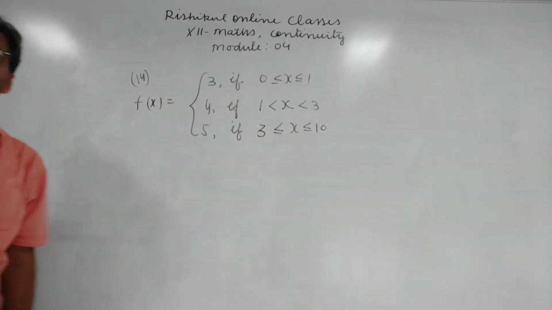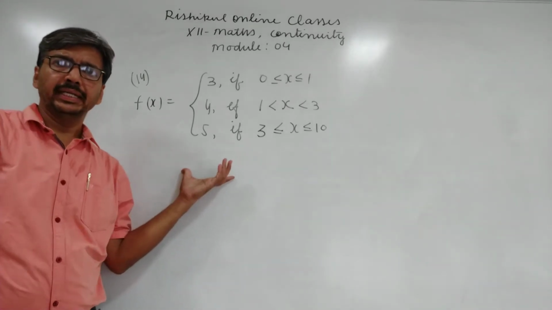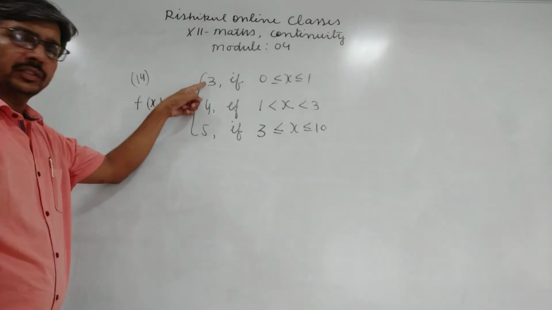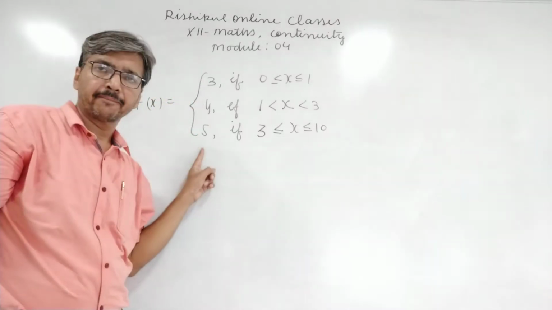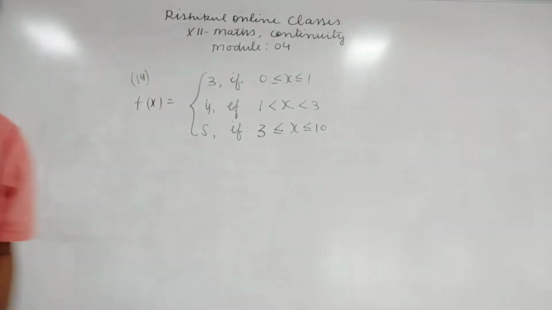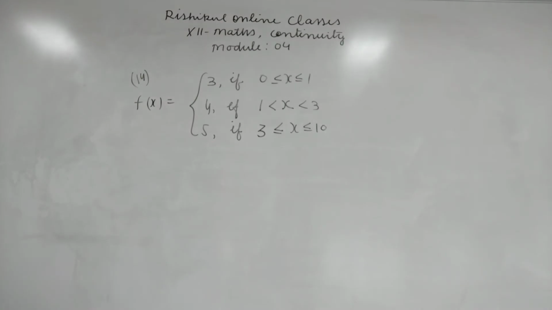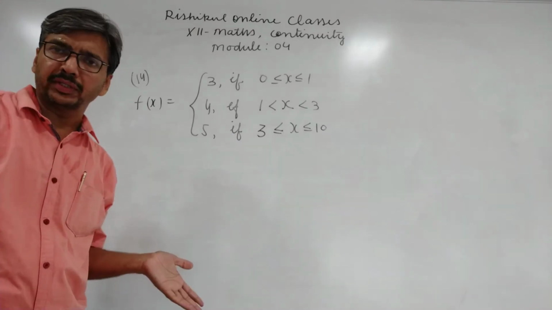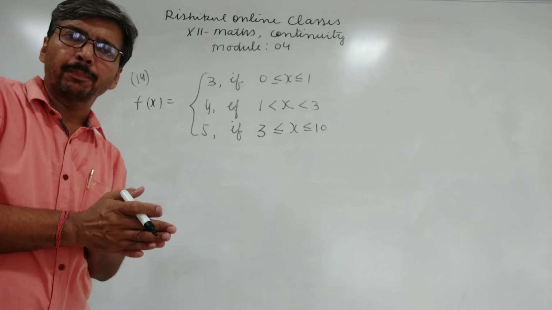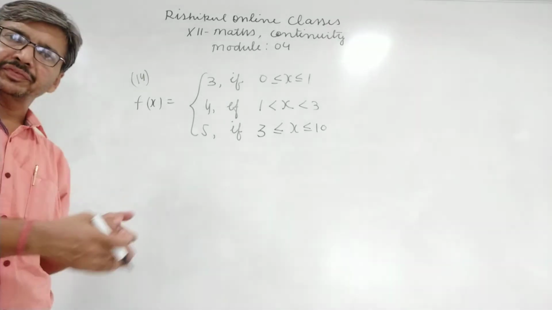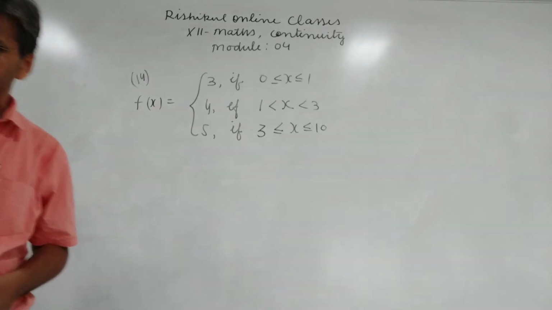This is a different type of question. Here function is always constant: here f(x) is 3, here f(x) is 4, here f(x) is 5. Now we will see whether this function is continuous throughout the domain or not. If not, then we will find out the points of discontinuity as we have done in previous questions.